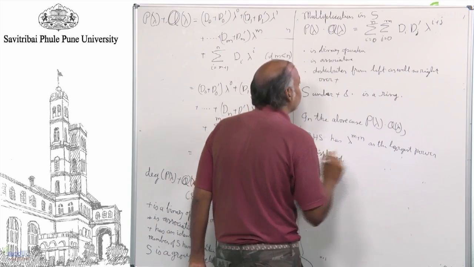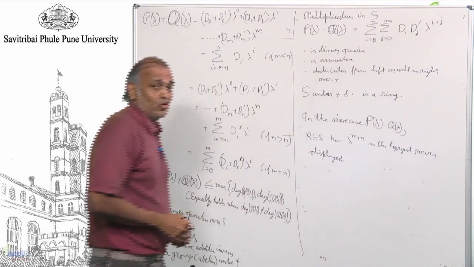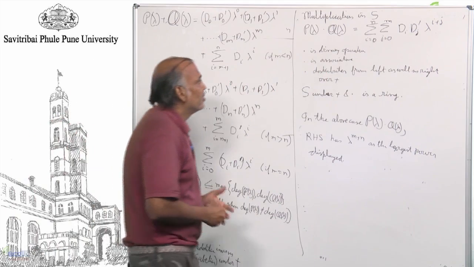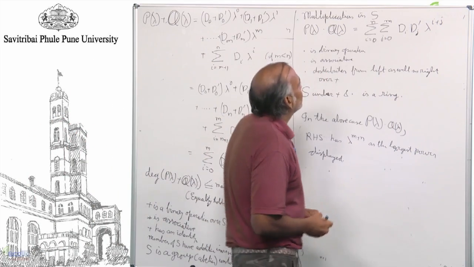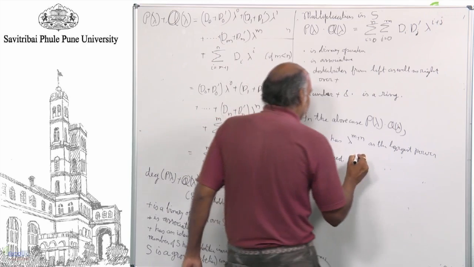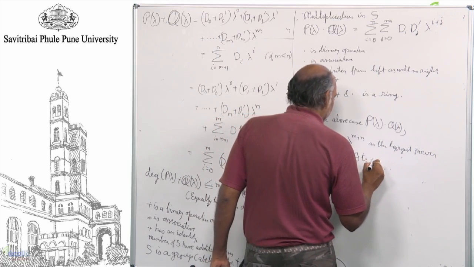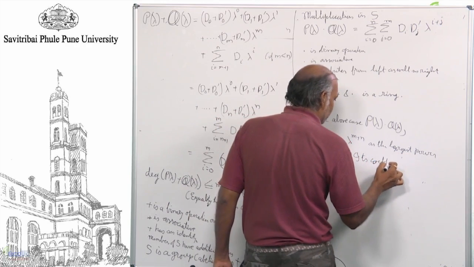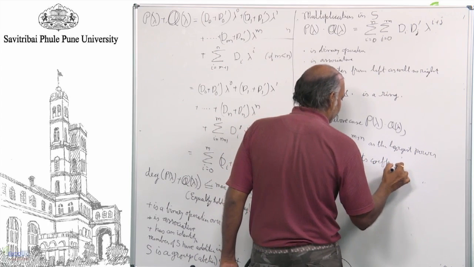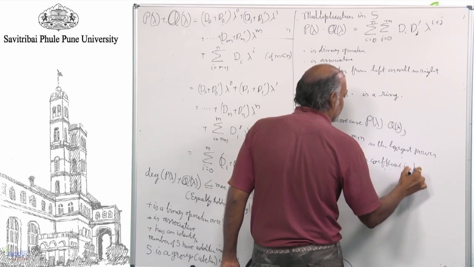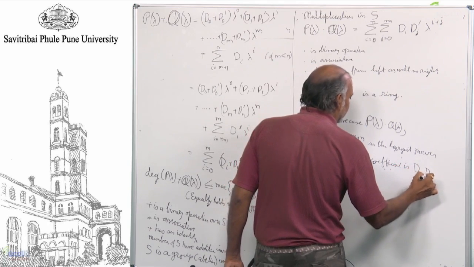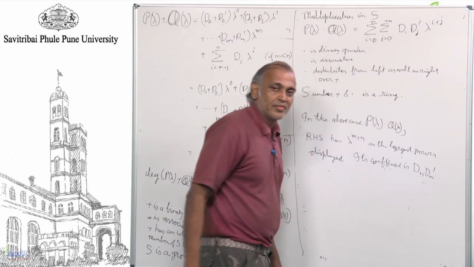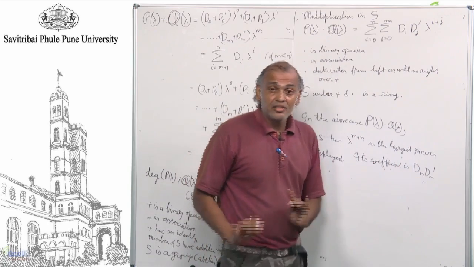Purposely I am saying displayed, nothing more has been written down. The coefficient automatically has to be 0, but let us check this coefficient. It means the largest power, the coefficient of the largest power is d_n d_m dash. None of these matrices are 0.